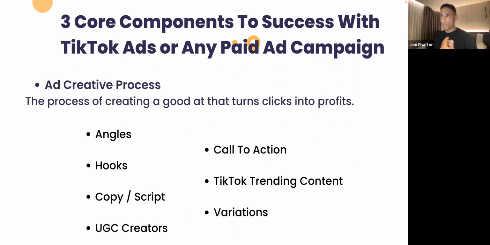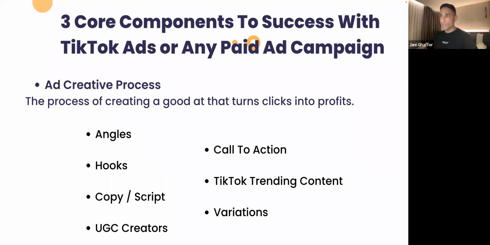And the ad creative process can be broken down into multiple things. Ad creative process basically means the process of creating a good ad that turns clicks into profits. So angles, right? We're going to talk about angles. We're going to talk about hooks, then writing your actual script, the copy in the ad, then how to find UGC creators.